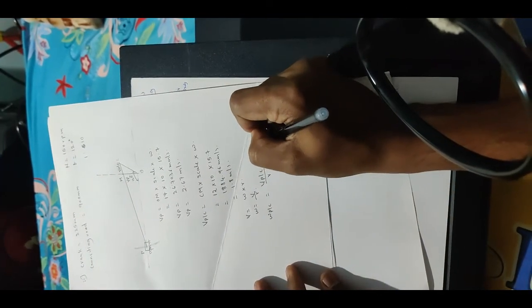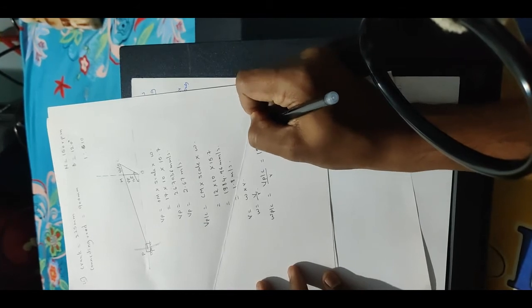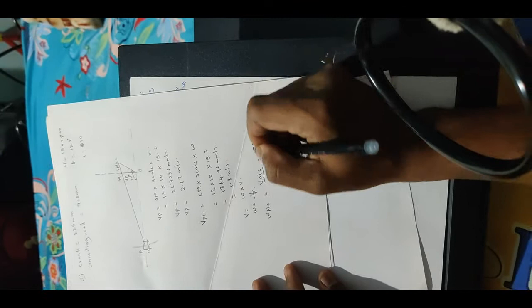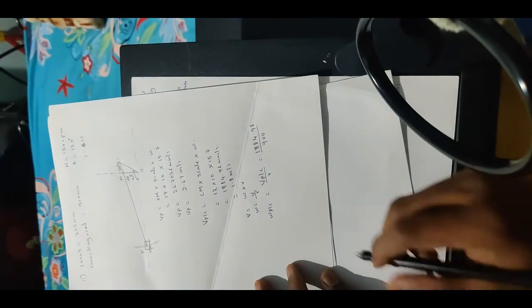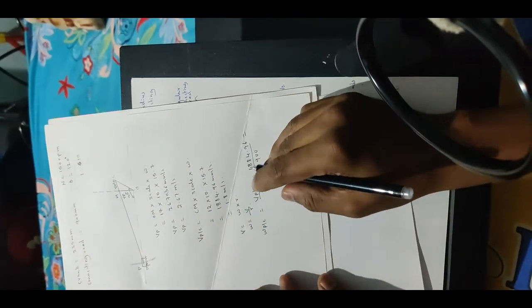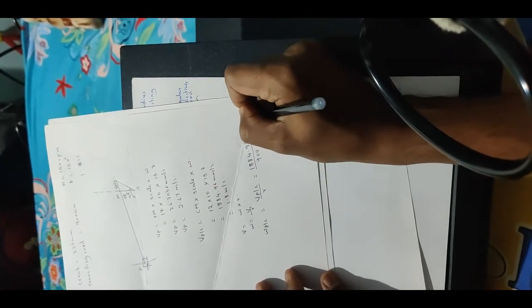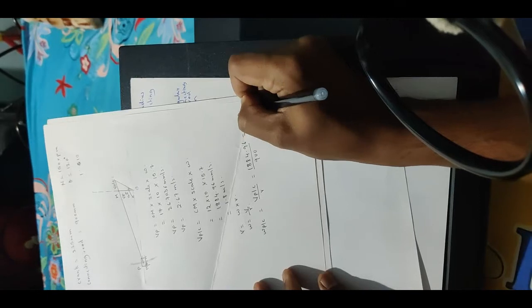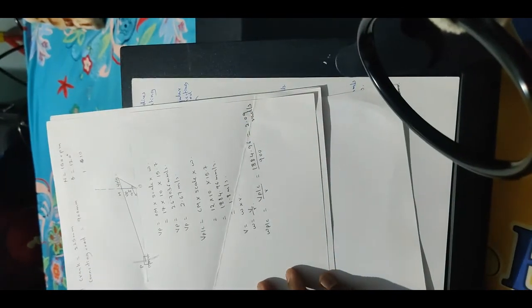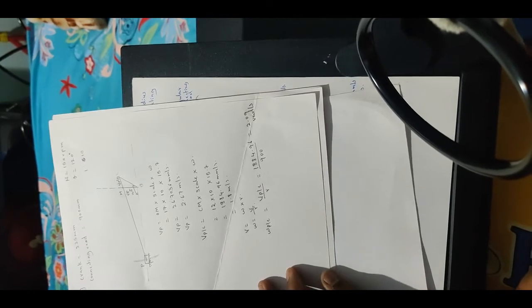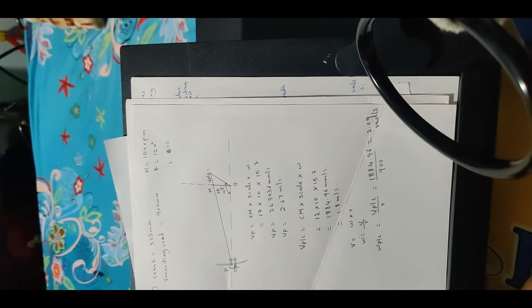If I keep it in mm, 1884.96 divided by the link length. The connecting rod link length is 900 mm. So what you will be getting here is 2.09 radians per second. So this is how we calculate the angular velocity of the connecting rod.